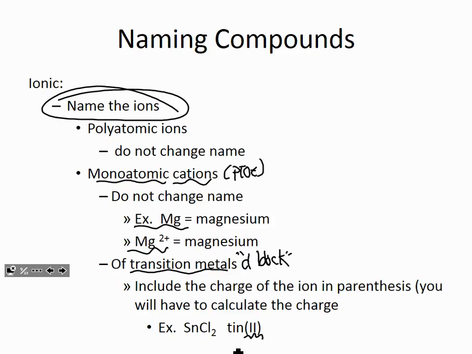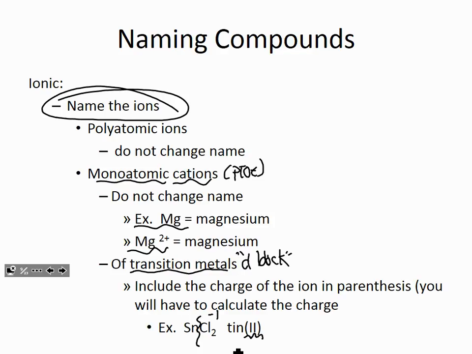We can see here, and this is a very easy example, they do get harder than this, but if you have tin, SnCl2 as the formula, we're going to calculate the charge of the tin by looking at the charge of the chloride ion. And we know that the charge of chloride is -1.